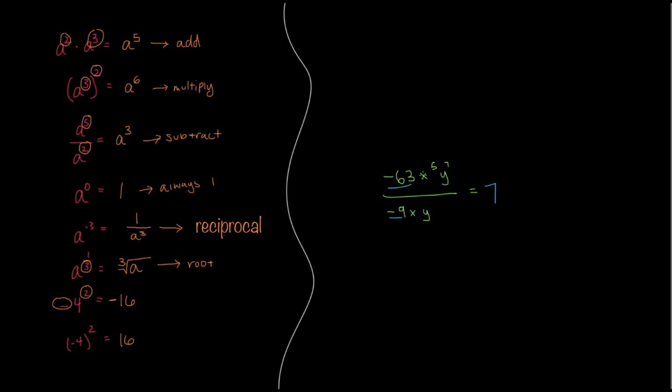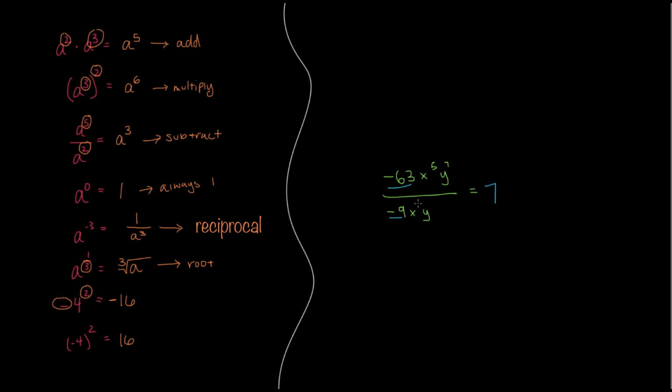You see, if we try to multiply x to the 5th and y to the 7th, it won't work because their bases are different. So we can't simplify the top or the bottom anymore. So we'll just have to straight divide the exponents. So let's go one exponent at a time. We'll first do the x. So we have x to the fifth divided by x.